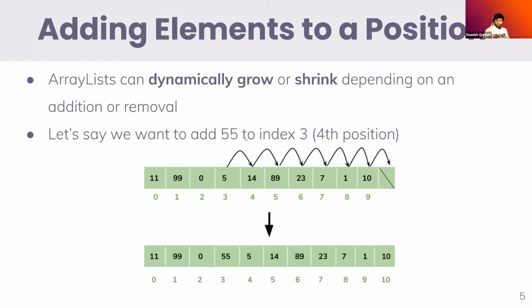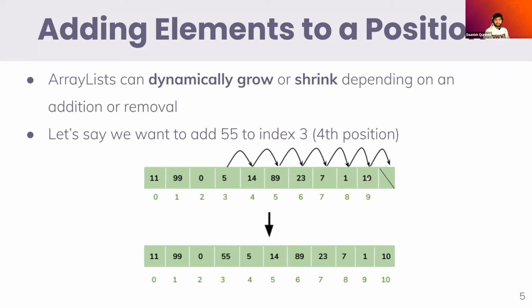Now remember back to arrays that indexes start with 0 and work their way up, but positions start with 1 and work their way up. When we're accessing the element, we use the index. So if I say the 0th index, this would be 11. If I say the 9th index, I would be looking at 10. Everyone good with that?